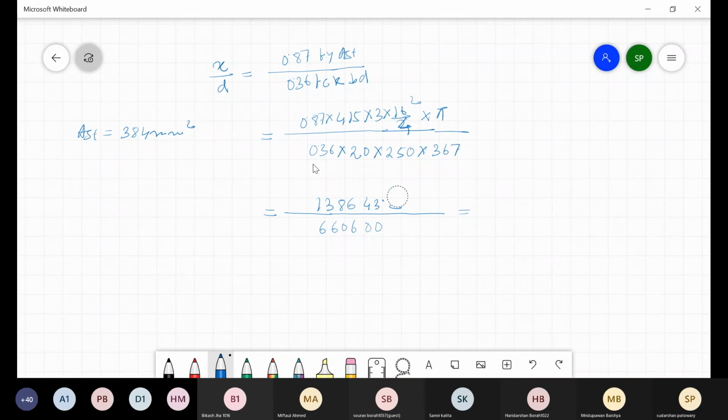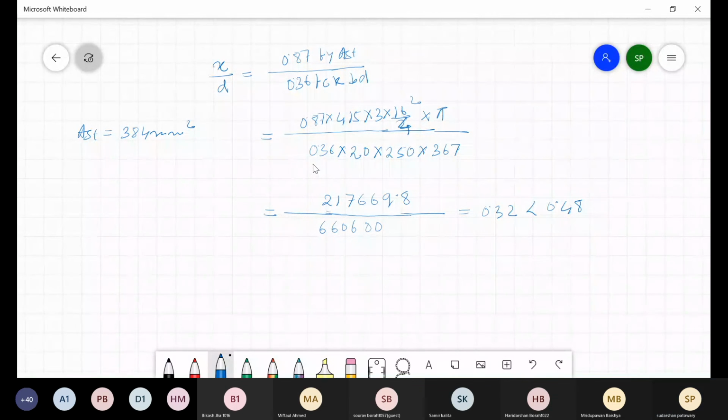This value is 217,669.8. Divided by 0.36 into 20 into 250 into 367, which is 66,060, we get 0.32. This is less than 0.48, because for Fe415 it is 0.48.